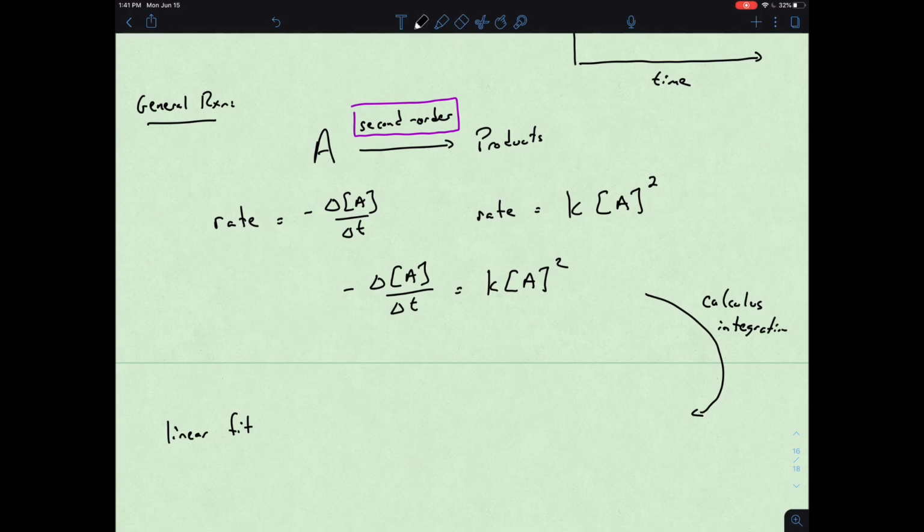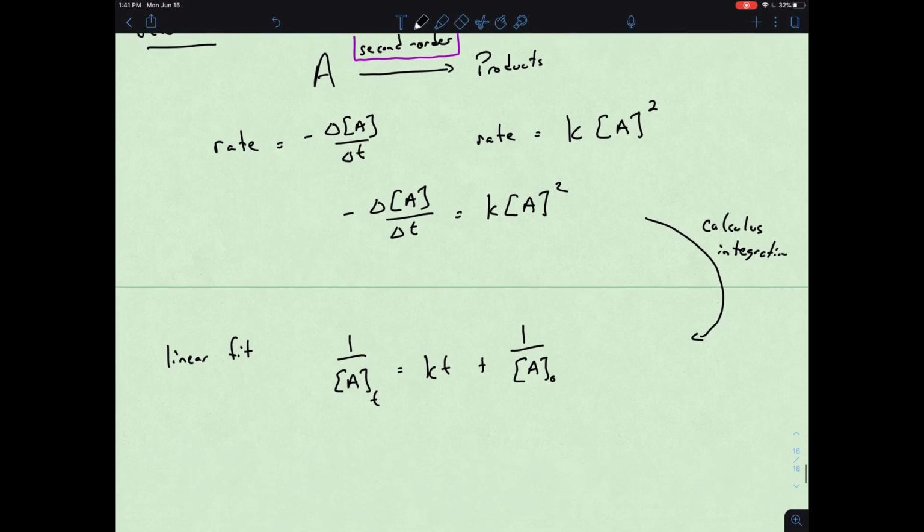And so here we find there's an inverse relationship, that now we have 1 over the concentration at a time point is equal to kt plus 1 over the initial concentration of A. So there is our linear fit.